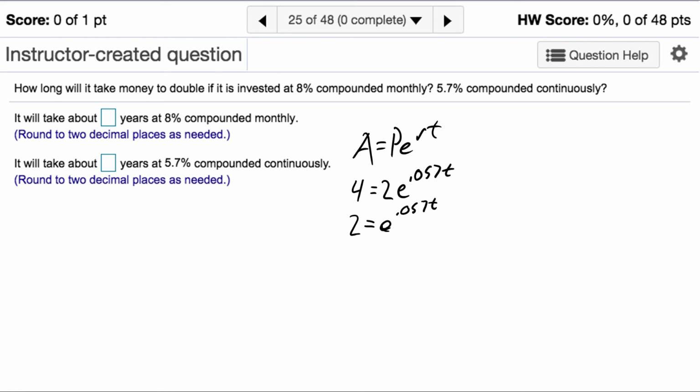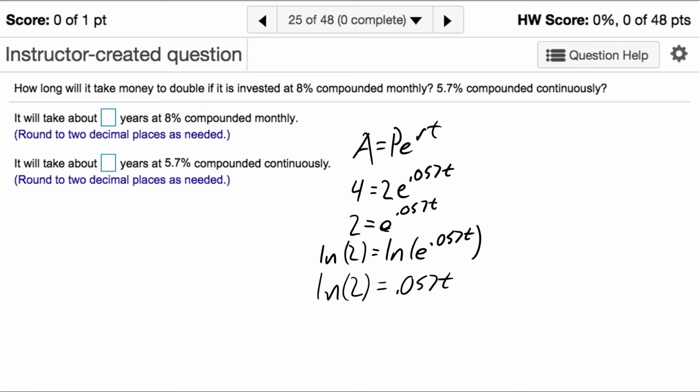That's the first step we have to do. We have to get e by itself before we do the next step of taking the natural log of both sides. So the natural log of 2 equals the natural log of e^(0.057t). Then we get the natural log of 2 just equals 0.057t, because remember, natural log and e are inverse functions of one another.